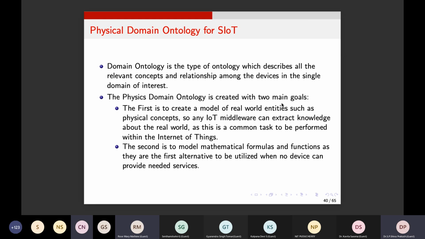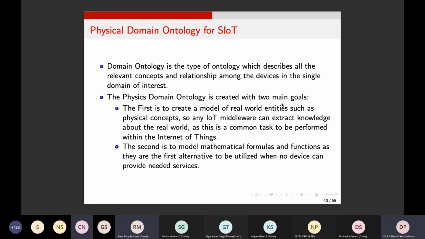One is to create a model of real world entities like physical concepts, so any IoT middleware can extract this information or the knowledge about the real world, which is the common task that has to be performed within the internet. And the second is to model mathematical formulas and also the functions, as they are basically the first alternative that has to be utilized when no device can provide the needed service, right?